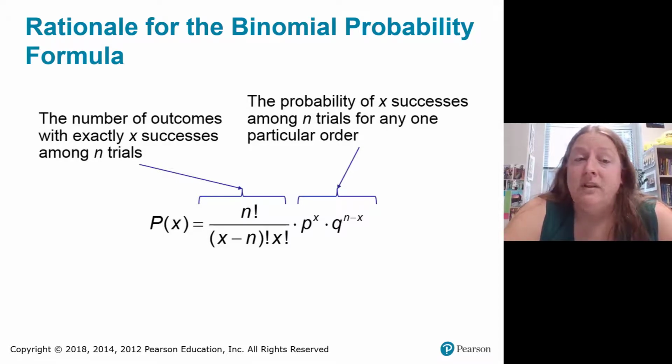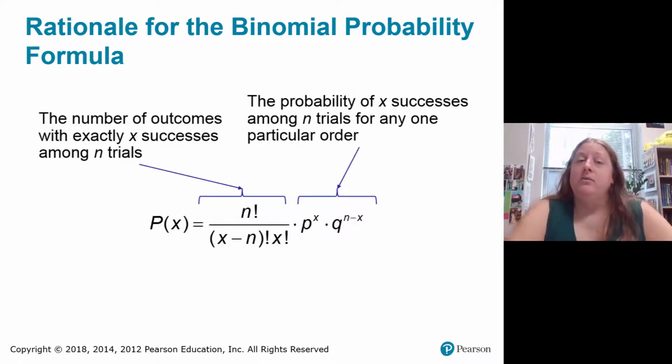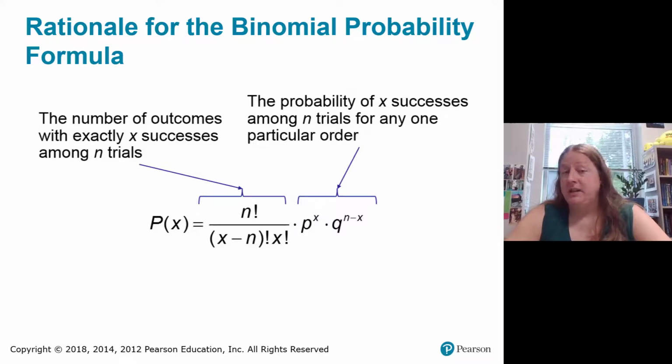So once we have the number of possible ways to choose X successes from N trials, then we're multiplying times P to the X times Q to the N minus X. This is multiplying the probability of success times itself for as many successes as we have, and the probability of failure times itself for as many failures as we have. So what this does is it tells us the probability of getting X successes among N trials.